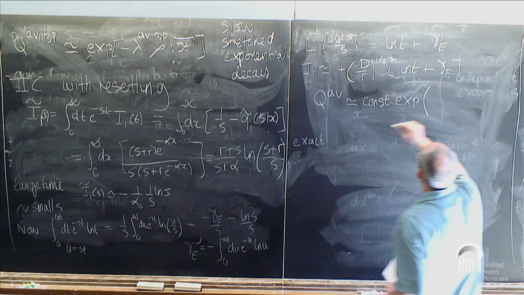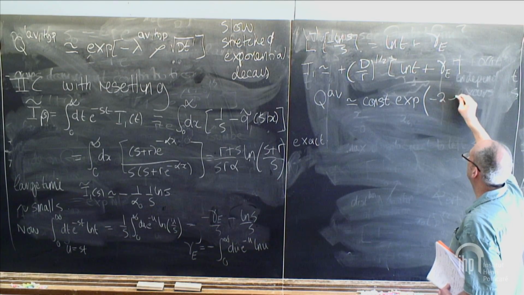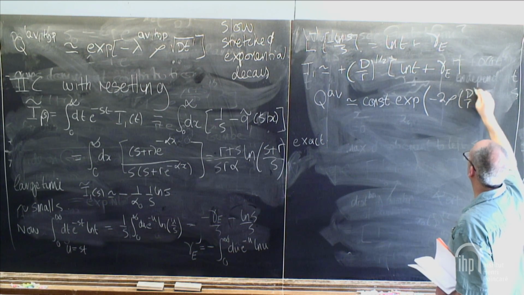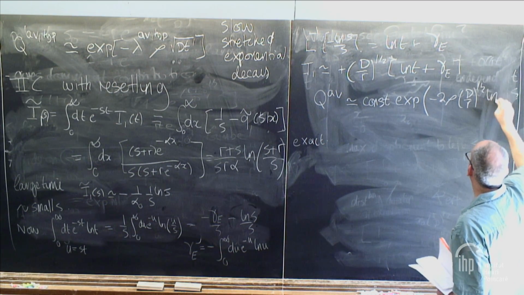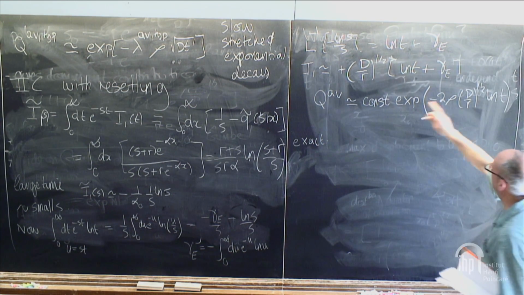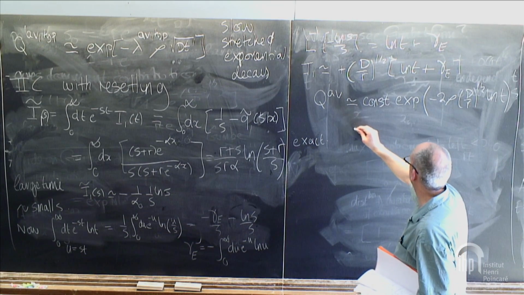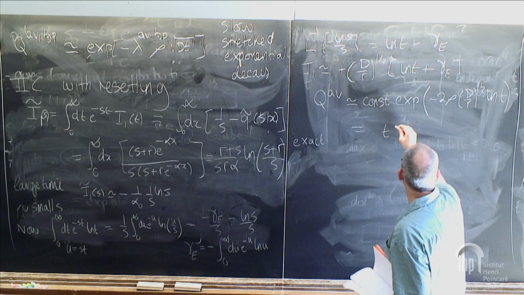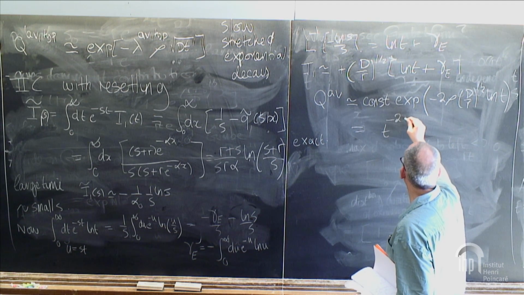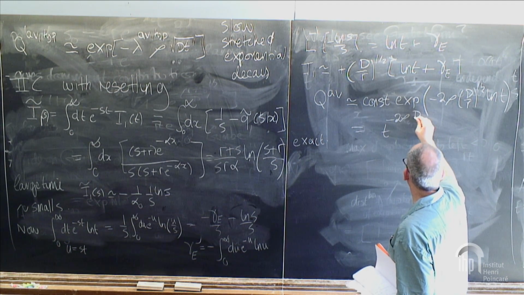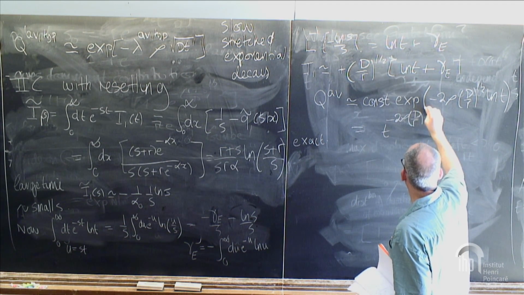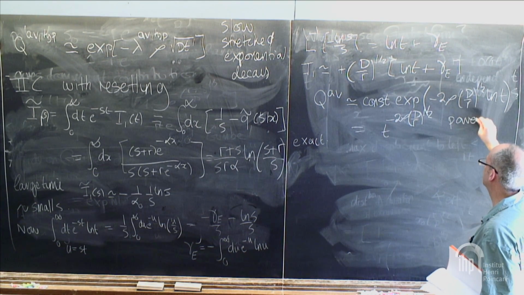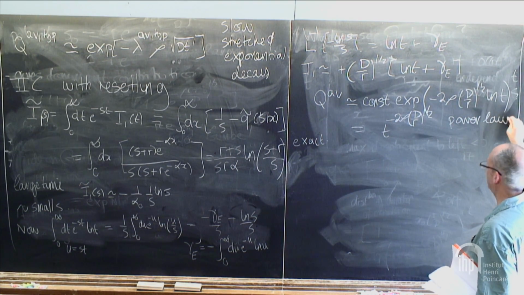So if I put that in, I've got minus 2 rho D over R to the half log T. And then, of course, exponential of a log is T to the minus 2 rho D over R to the half. And so this is a power law decay.